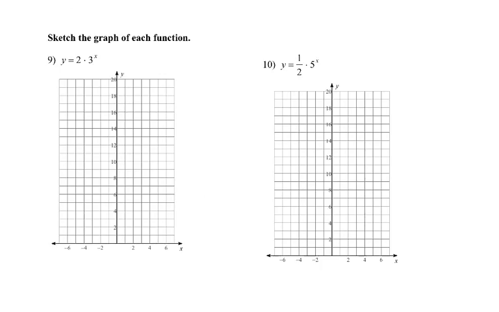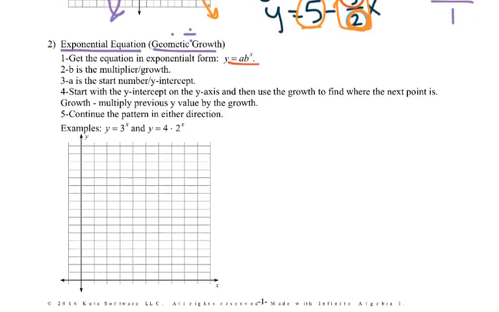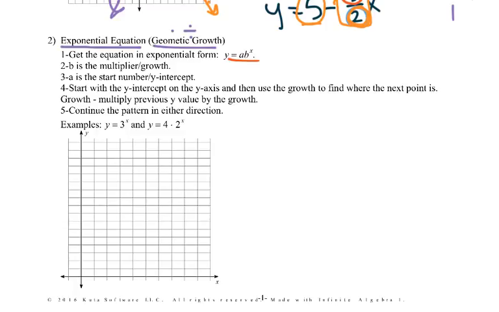Alright? Okay, now we've got those exponentials, so let's take a look at those ones. With exponential, kind of the same idea. We've got a times b to the x. That a, once again, is our start number, our y-intercept. The b now, we don't call it slope, we call it constant ratio, or just the number we're multiplying by, our growth.